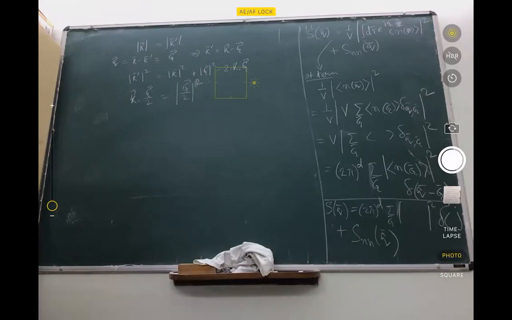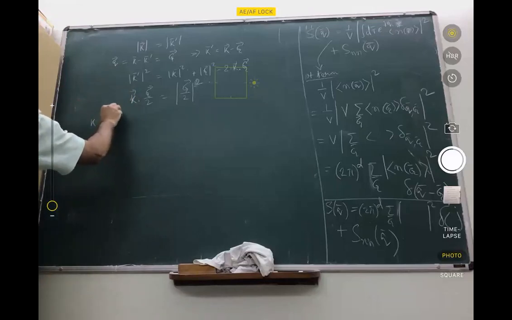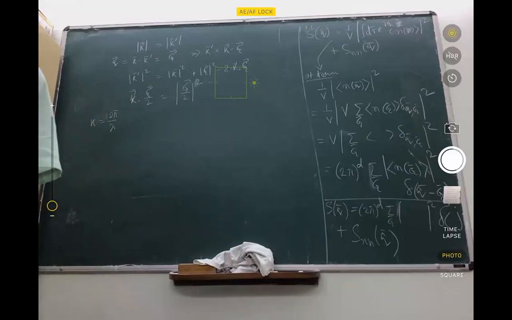Okay, so suppose K is some incoming wave, right? So K is twice pi over lambda, where lambda is the wavelength, and G is some reciprocal lattice vector.